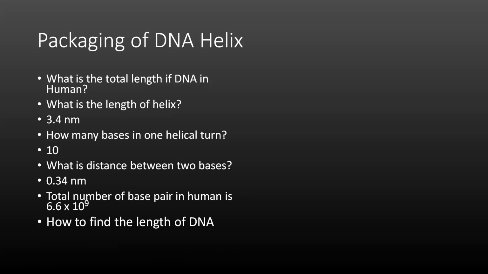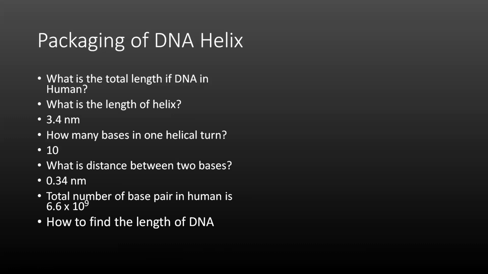This is the total number of base pairs, multiplied by the length between two base pairs. The total number of base pairs is 6.6 into 10 raised to 9, and the length between each pair is 0.34 nanometer.